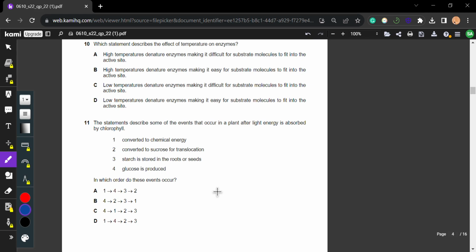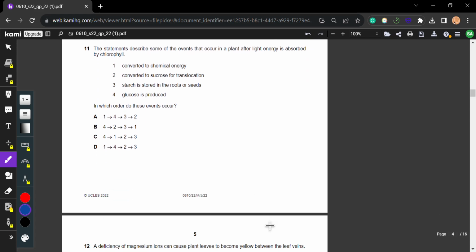High temperatures denature enzymes, making it easy. No. Now when there are high temperatures, the molecules and the enzymes collide really fast. Because it's colliding so fast, the active site's shape changes, which means that the active site is no longer complementary to the substance it's trying to break down. So it can't fit in. So the correct option will be A.